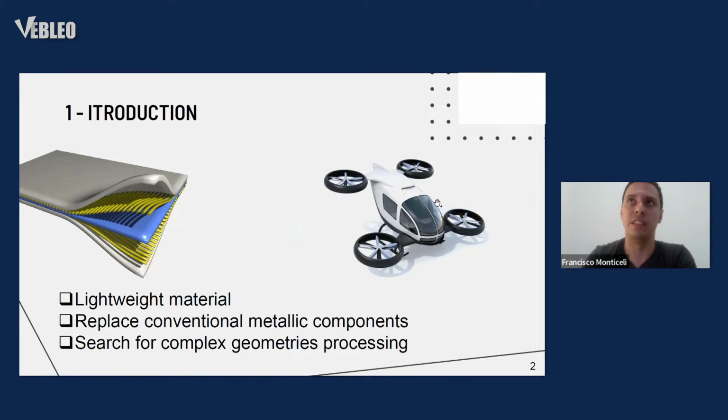For this design, we are looking to apply 100% composite in its structure. So we are looking especially for more complex geometries, which exhibit an interesting option regarding the weight reduction of the carbon fiber composites.